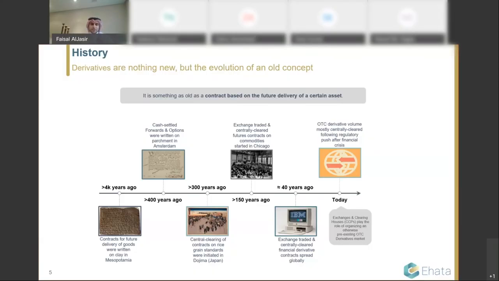Fortunately for Thales, the harvest was excellent, and the demand for olive presses spiked, and he made a huge profit by renting these presses. So again, derivatives are nothing new, but the evolution of an old concept.